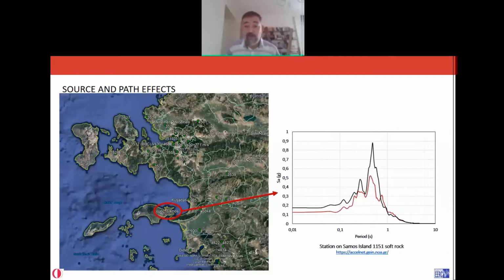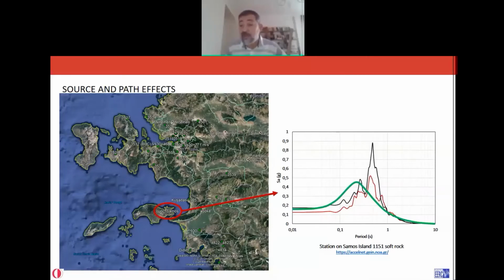reason is the source or the path effects as the wave travels all the way to Izmir Bay. To answer that question, I will compare the Samos Island record. By the way, this is a soft rock site with a shear wave velocity of 380 plus meters per second, so it is not a typical rock site.